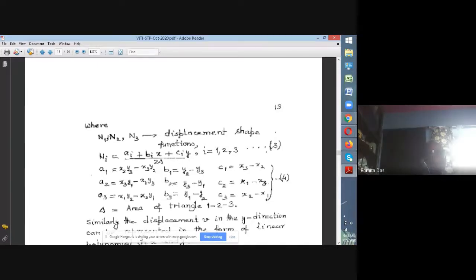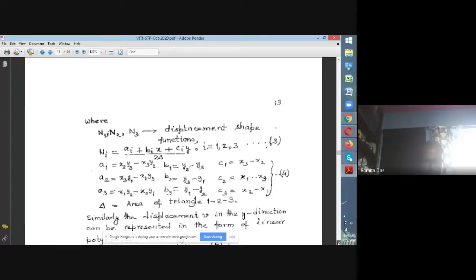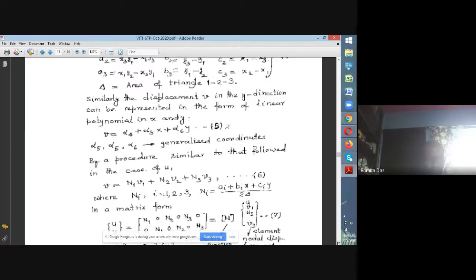This is very important: the constants involved in the expressions of N1, N2, N3 are all constant, with the same value. These three functions N1, N2, N3, which are functions of x and y, are called shape functions. They give the shape to the surface. That's why they are called shape functions.